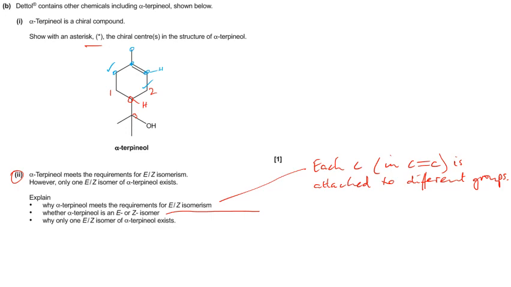So the 2 high priority groups are on the same side of the double bond. So it's a Z isomer as the high priority groups are on the same side of the double bond.